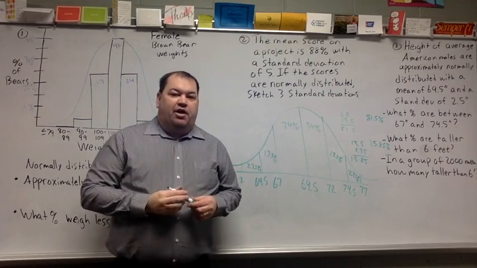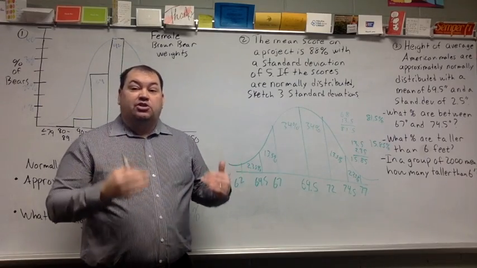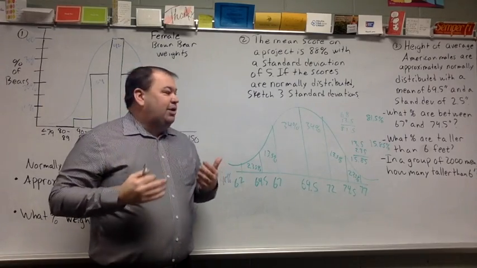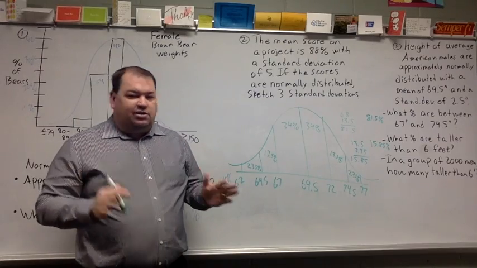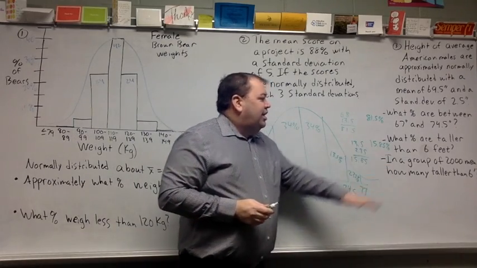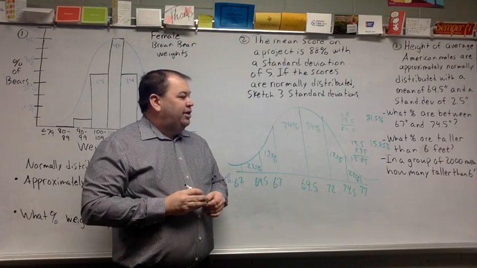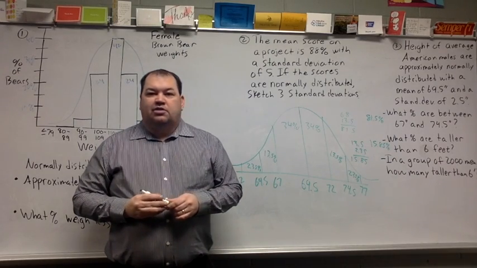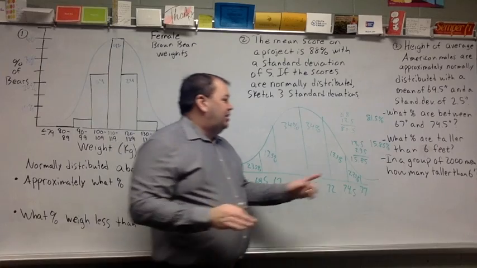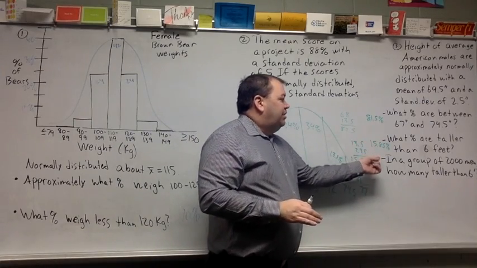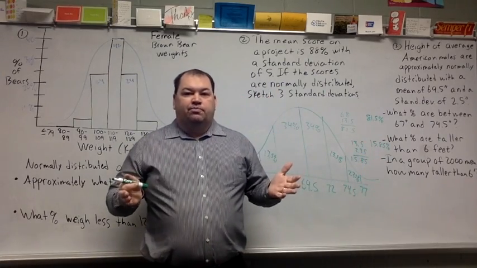Where we have to be careful is when they jump out of percentages and they start talking about numbers. Now, it's real subtle, but this last question says, if I have a group of 2,000 men, how many are taller than 6 foot? It looks just like the question before it, but they gave me an actual number.